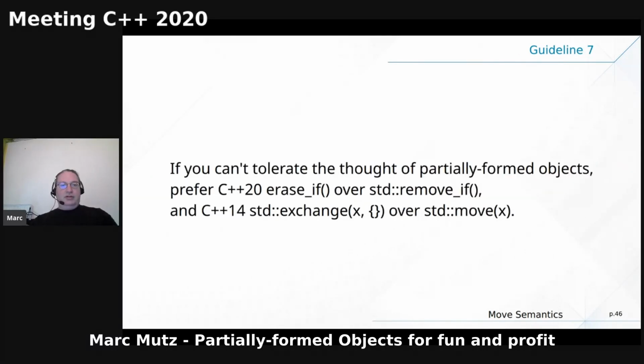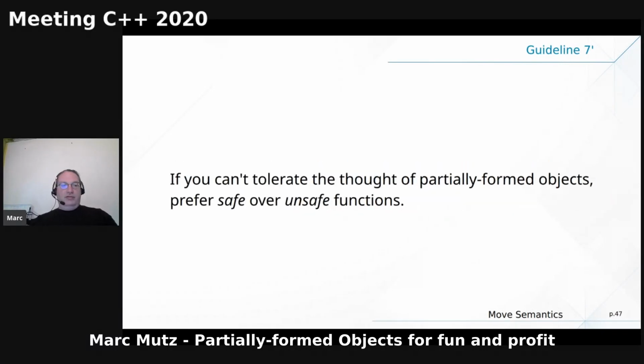Next guideline. If you can't tolerate the thought of partially formed objects, prefer C++20 erase_if over std::remove_if, and C++14 std::exchange of x with default constructed over std::move of x. Or now we can say, if you can't tolerate the thoughts of partially formed objects, prefer safe over unsafe functions.